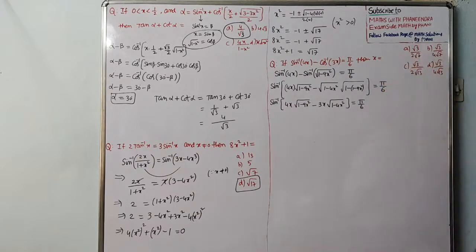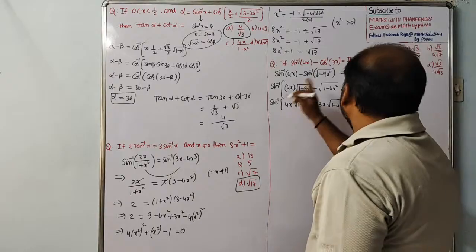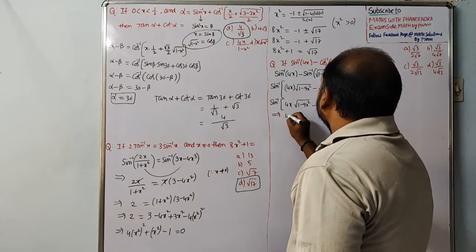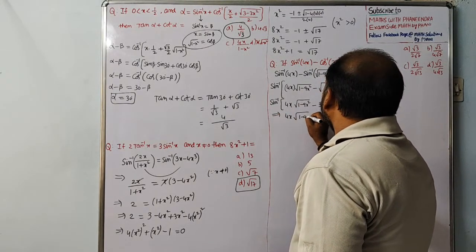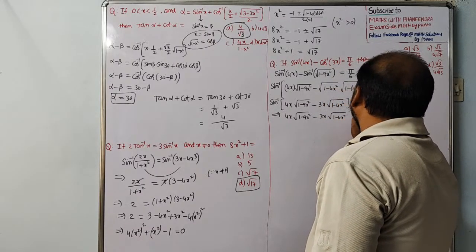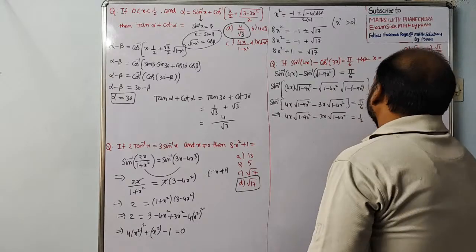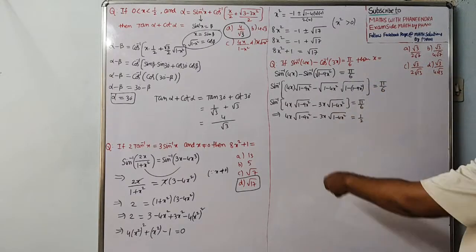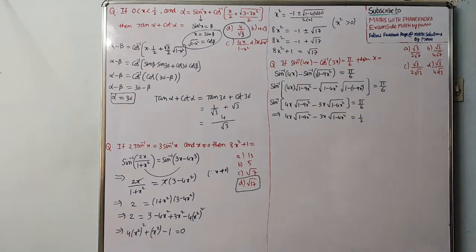What is sin pi by 6? Sin 30, 1 by 2. So I'll bring this side: 4x into root 1 minus 9x square minus 3x root over 1 minus 4x square is equal to 1 by 2. What they are asking to find, x value, no?